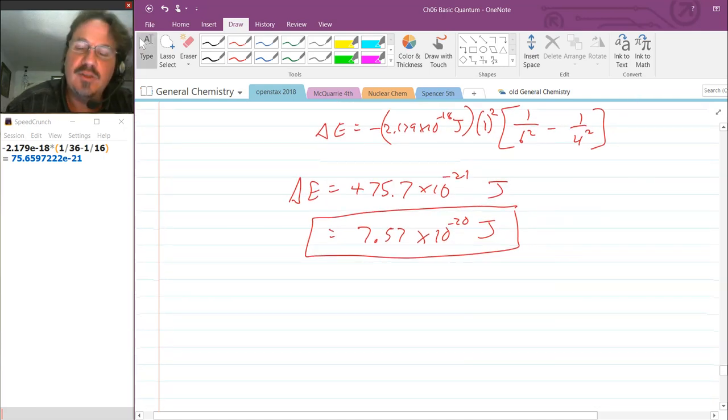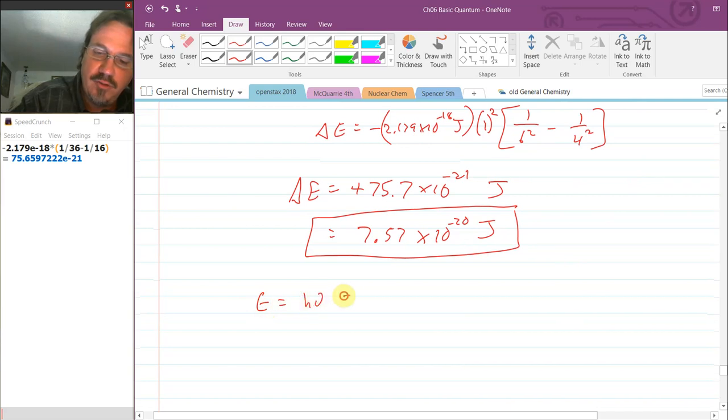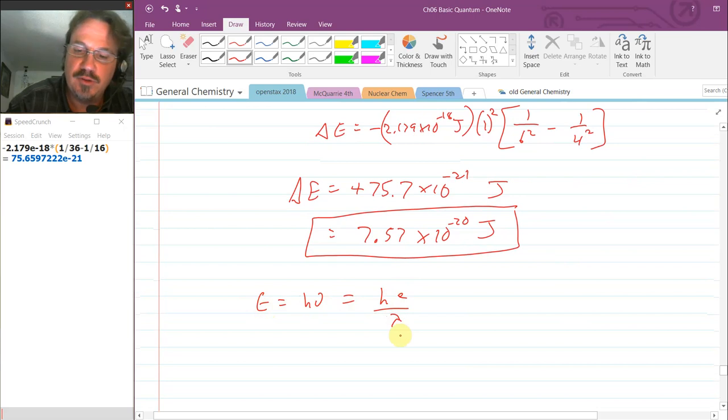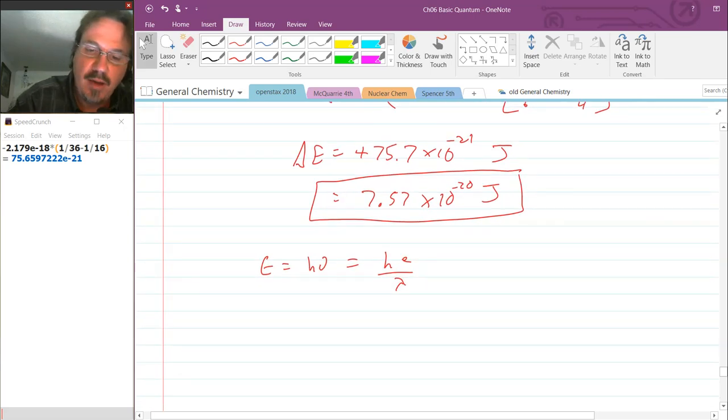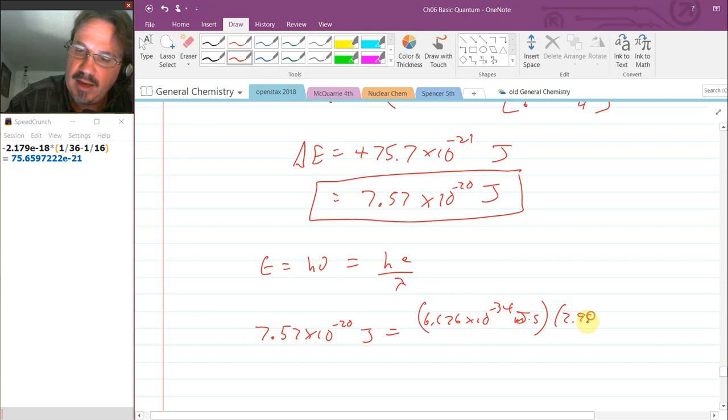If we want to calculate its wavelength, we know that the energy of a photon is also equal to h nu, or hc over lambda, and that's what we're trying to find is lambda, so we'll go ahead and use that one. 7.57 times 10 to the minus 20 would equal h, which is 6.626 times 10 to the minus 34 joule seconds, c, 2.998 times 10 to the 8th meters per second, and all divided by lambda.